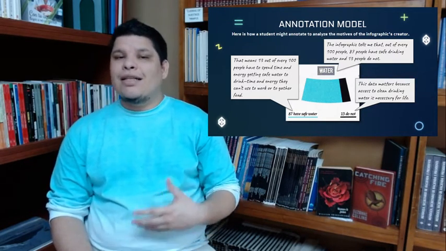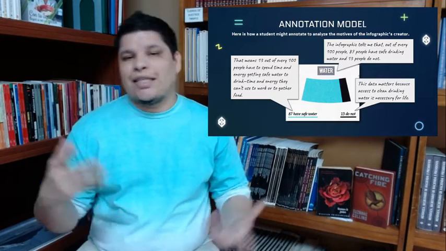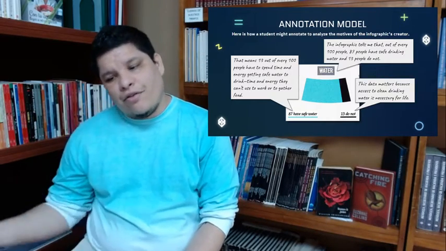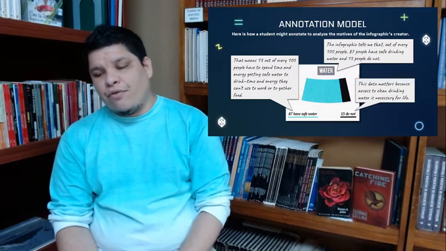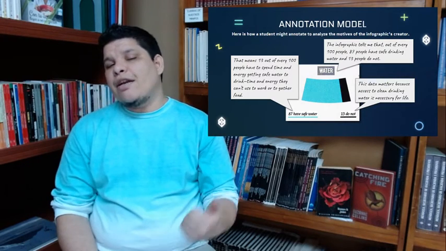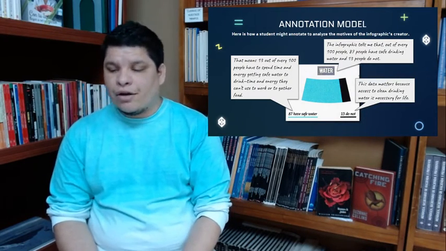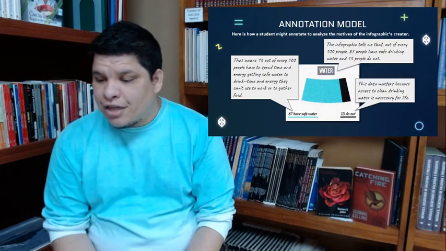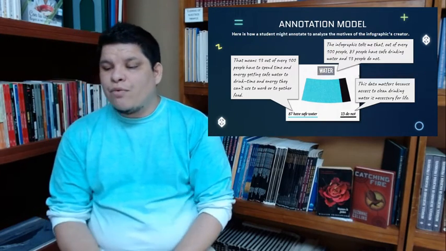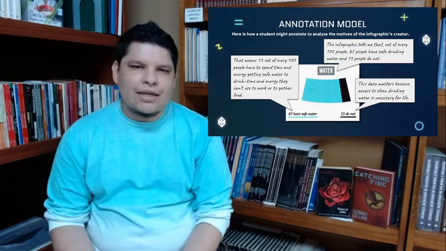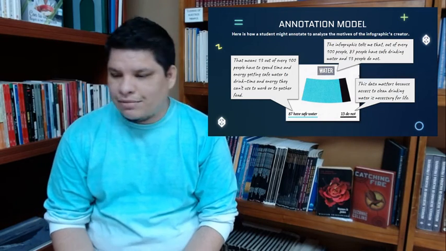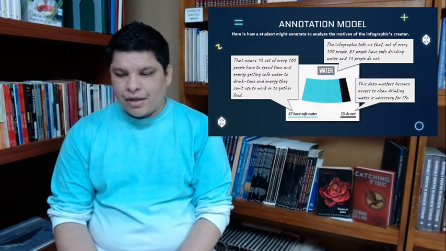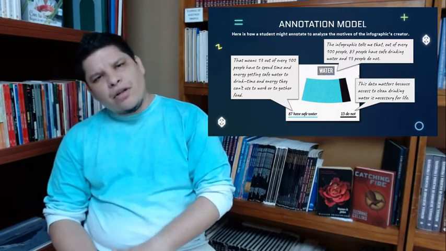It means that it's not available as easy as the other 87. On the other hand, when you point out that 13 of them do not have safe water, this data matters because access to clean drinking water is completely necessary for life. So you can come up with these types of conclusions.